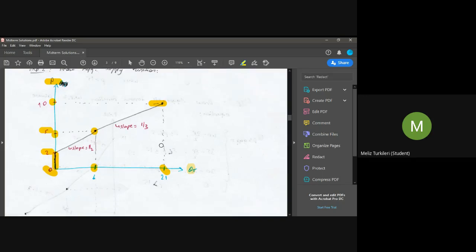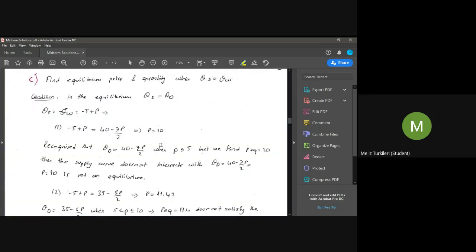So I move on with the C section. What it asks is: find the equilibrium price and quantity when only the white shirt factory gives the supply for the market. So we just deal with the supply function of the white shirt factory.